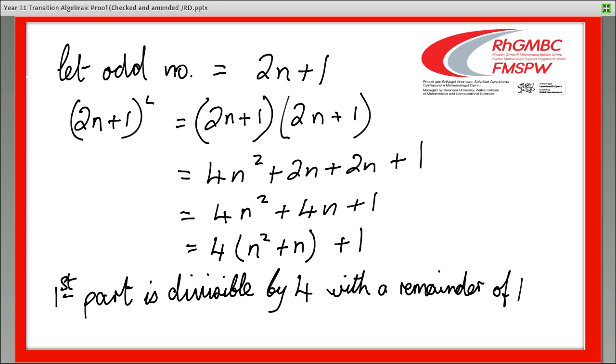So that's why the square of any odd number, when divided by 4, always leaves a remainder of 1. And that's exactly the way it works.